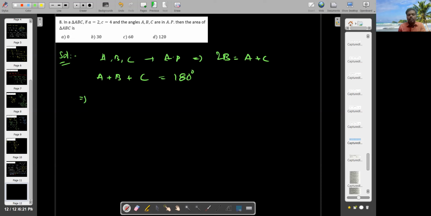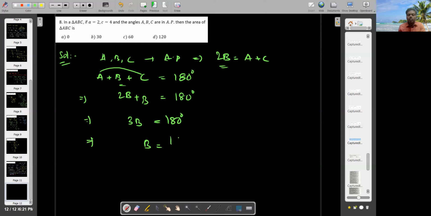That implies A plus C value we can replace by 2B. That equal to 180, 2B plus the remaining B also. So total it is 3B equal to 180 degree. That implies B equal to 180 by 3. Therefore, angle B value is 60 degree.